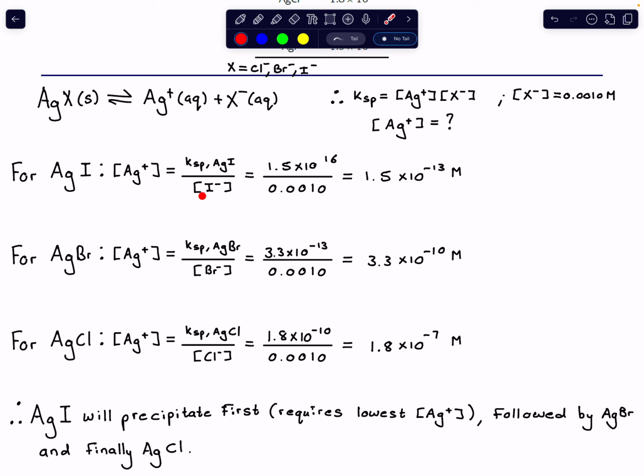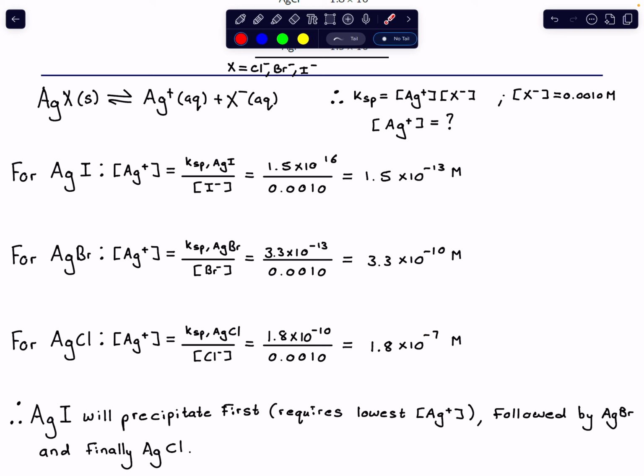And in each case, the halide concentration is that 0.001 molar. So that's what we do. And then we calculate the concentration of the silver ion that we need to force a precipitate to form. And as you can see, they differ in each case, because the KSP differs in each case.